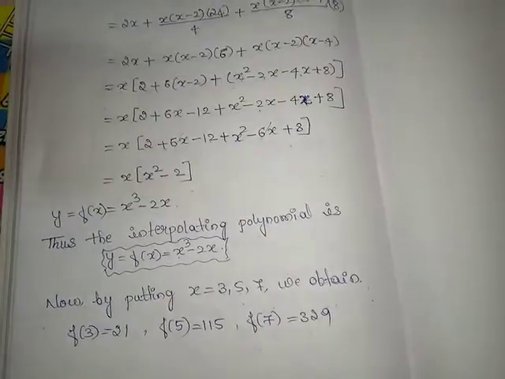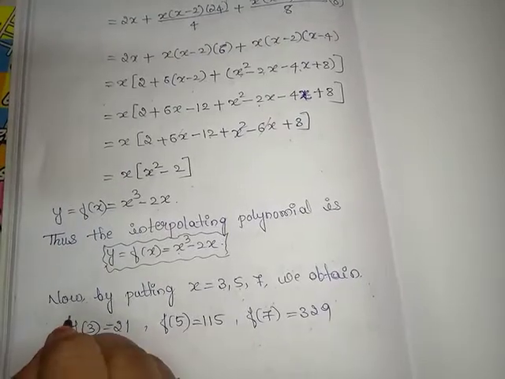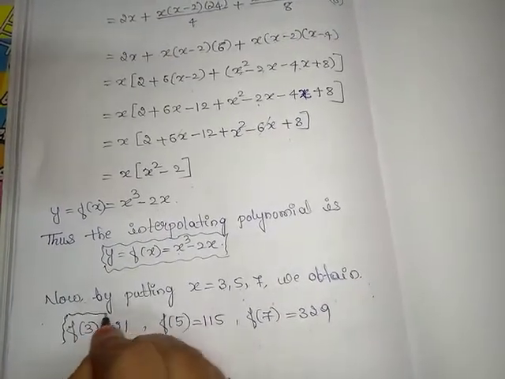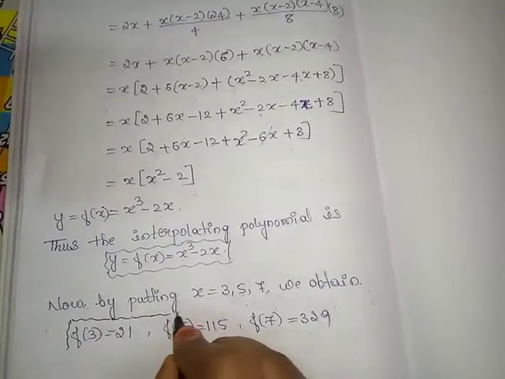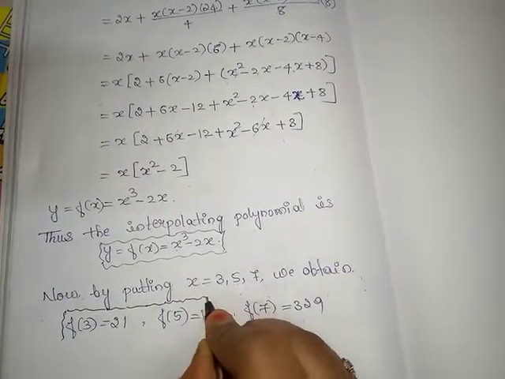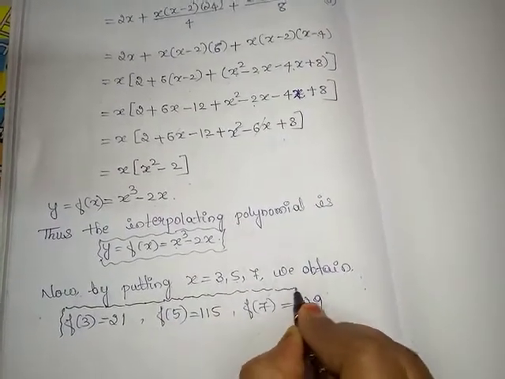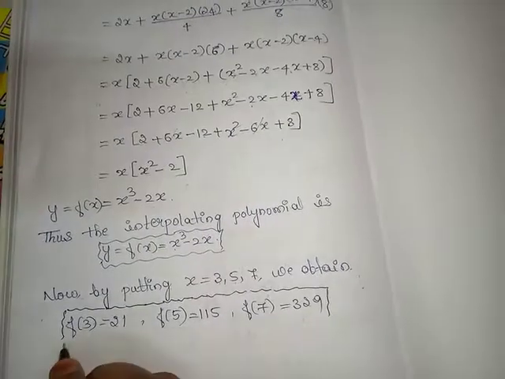This is how we have to find the interpolating polynomial first. After that, find the function for the desired value of given x.